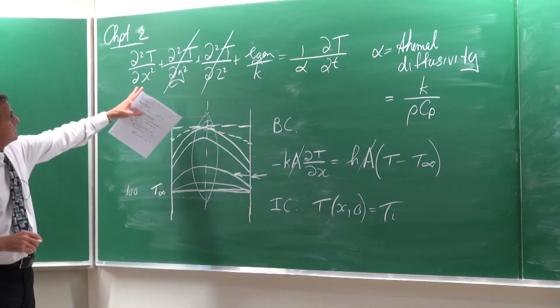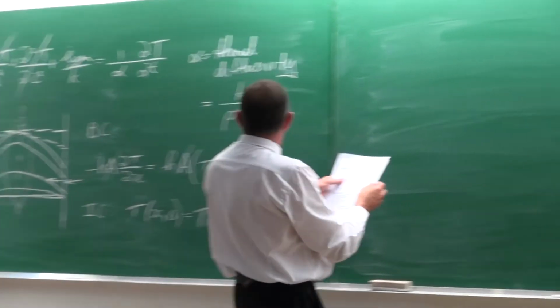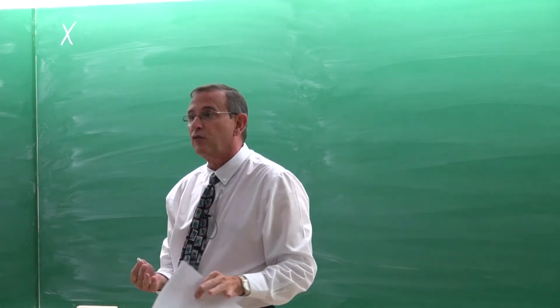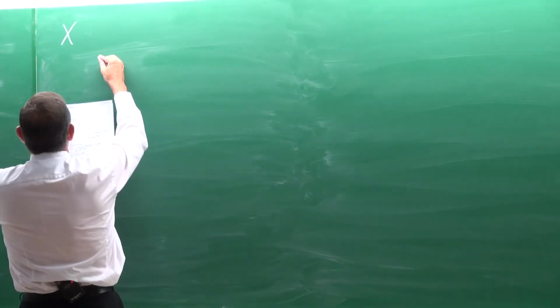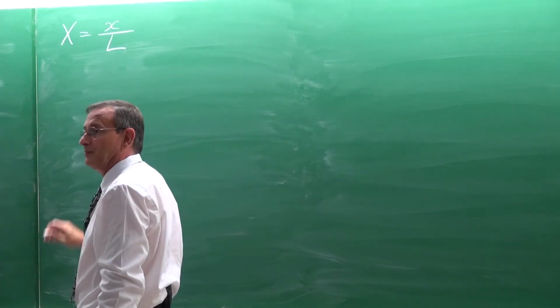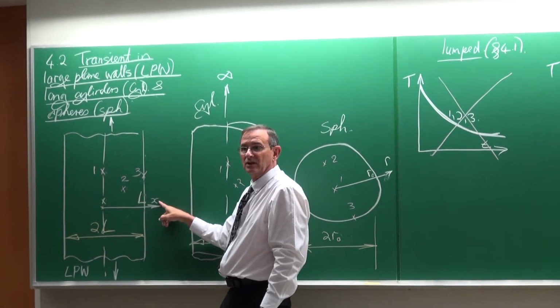Now, to solve this partial differential equation, what has been done is to write it in a non-dimensionalized format. So we've got capital X, which is equal to small x divided by L. What is small x? Small x is just this distance. Okay.